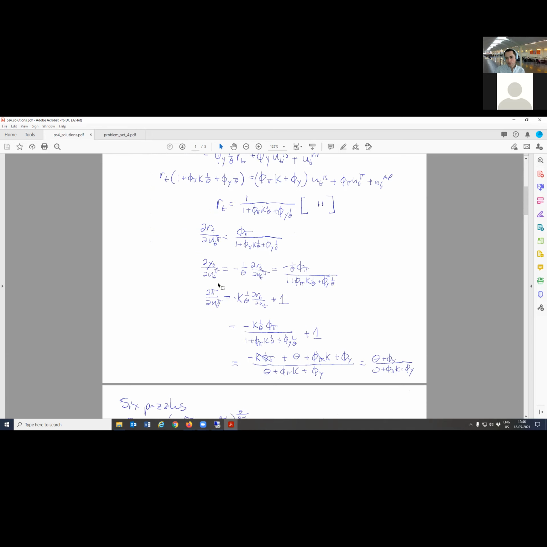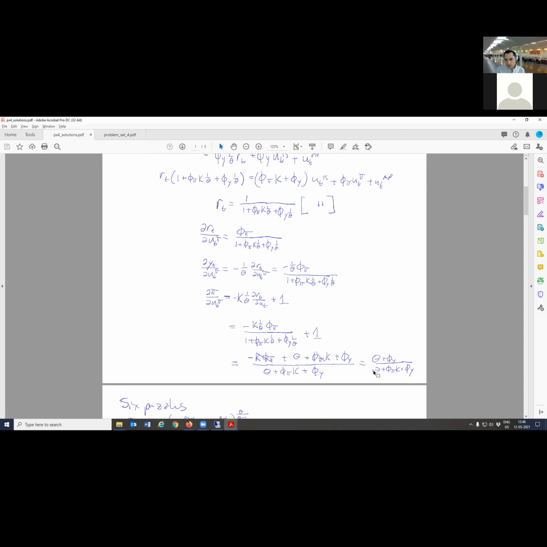So, basically just plugging those things into this derivative, I should say, we get the 1 for the u_t^π, and then we get kappa times the derivative of y with respect to u_t^π, which is this.